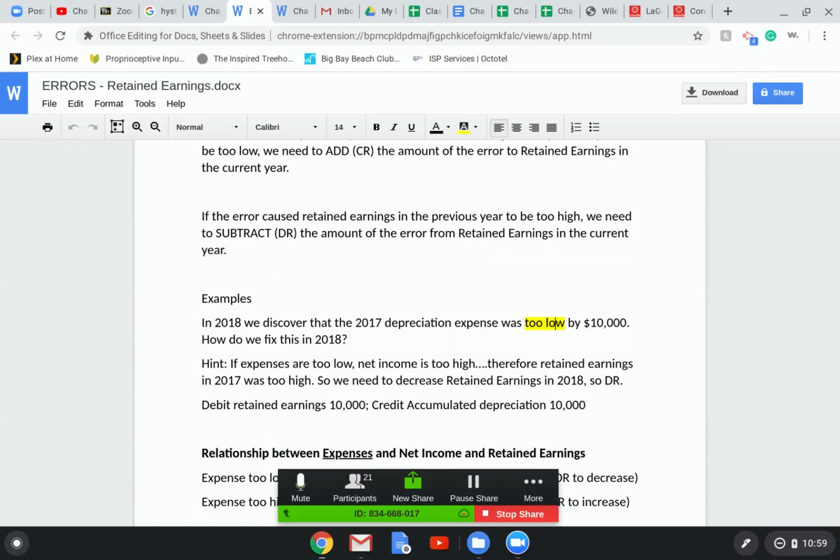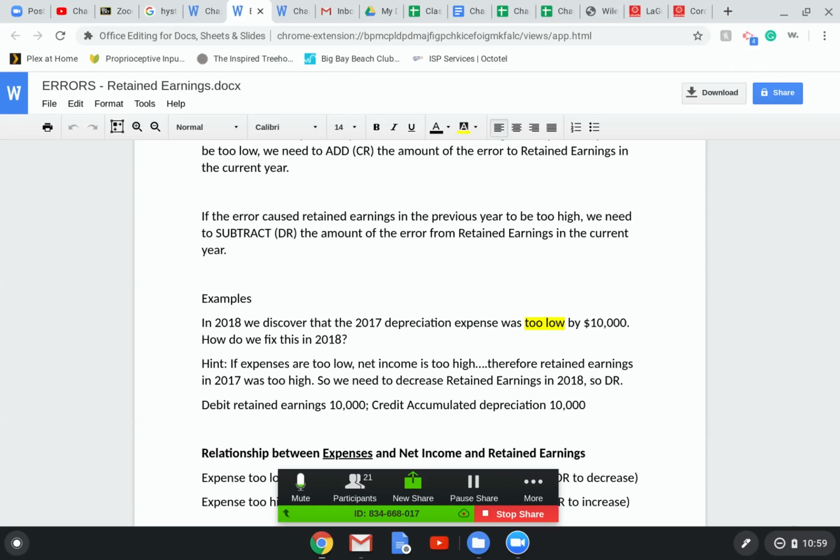If an expense is too low, meaning you should have deducted more expense, then your income will be too high, right? So if I was supposed to have an expense of $10, but I only subtracted $6, then it means my income is too high by $4. Does that make a little bit more sense?